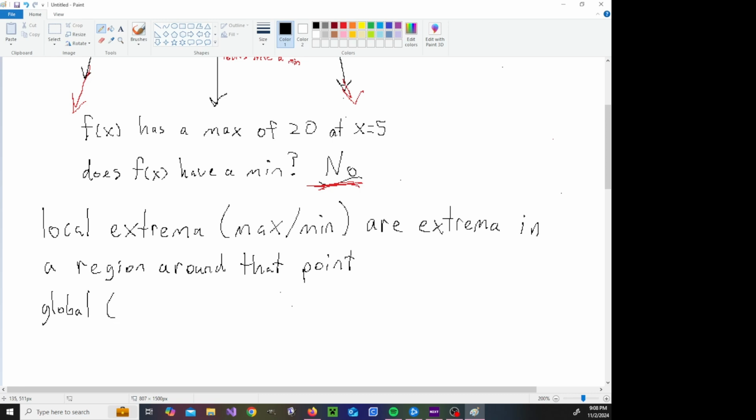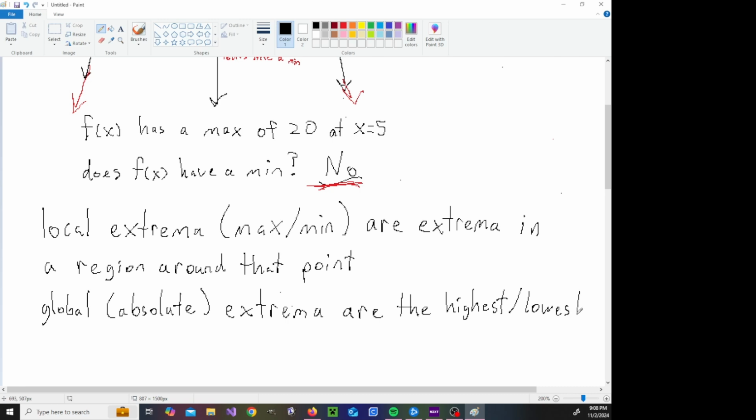And another word is absolute. So they are global or absolute extrema: the highest or lowest values the function does achieve.